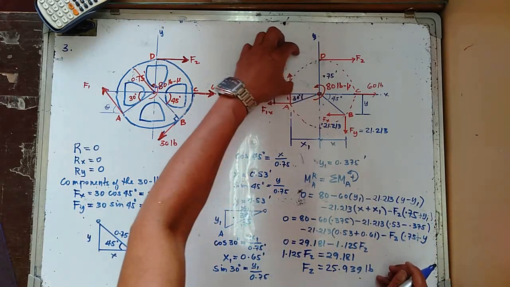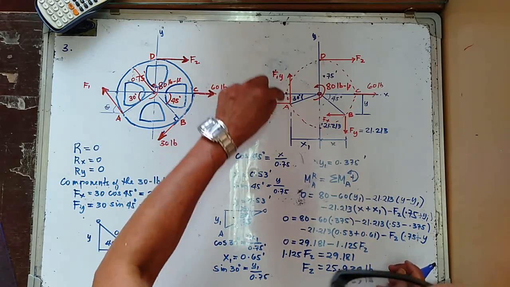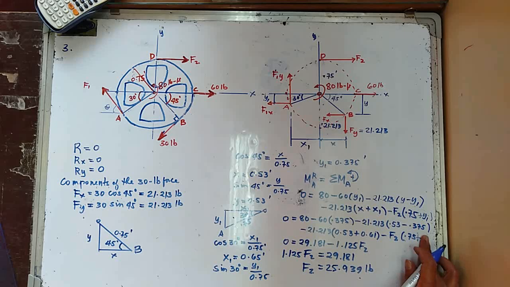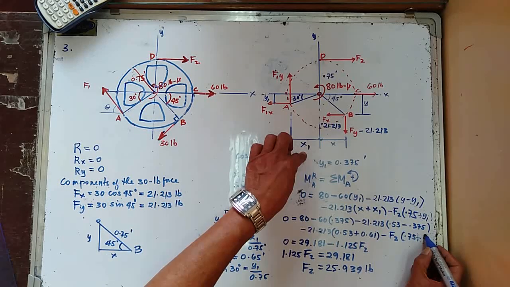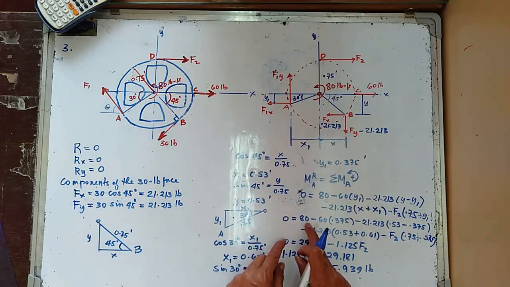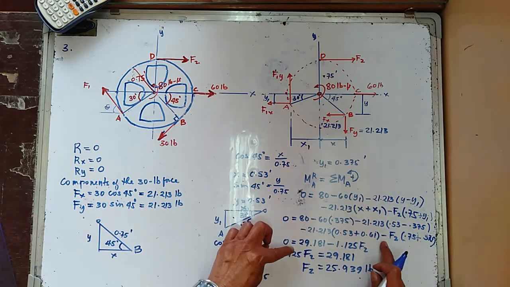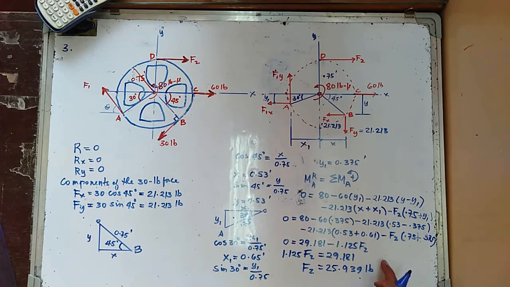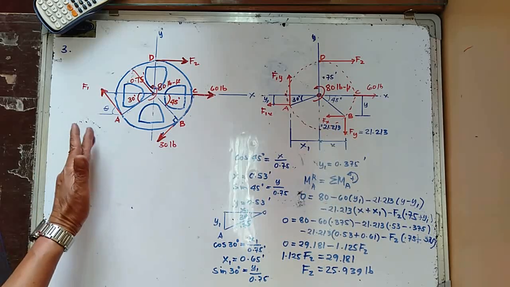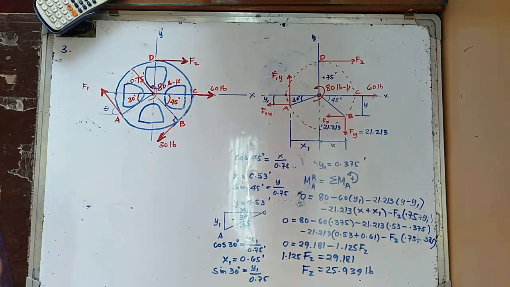That is the moment of F2 about point A. So it's 0.75 plus y1, which is 0.375. The algebraic sum of this is equal to 29.181 minus 1.125 F2. Hence, your F2 is 25.939 pounds. Now, let us determine the value of F1.